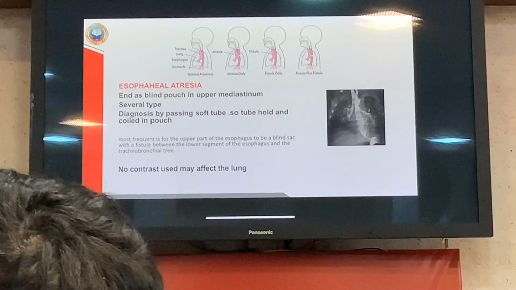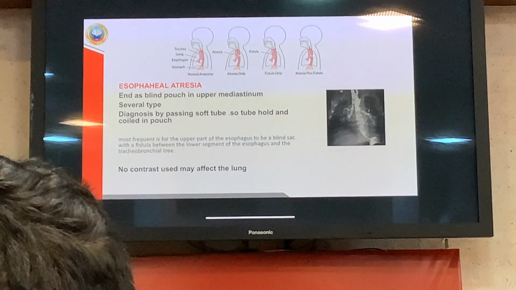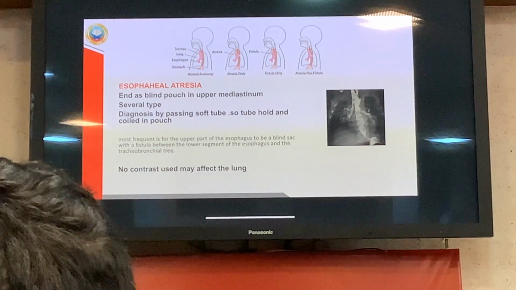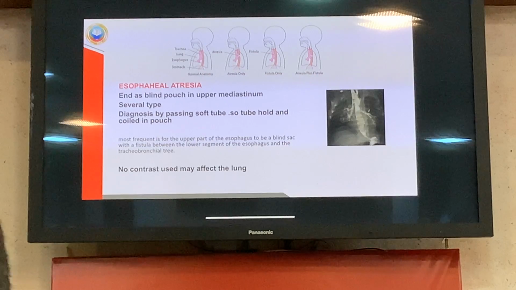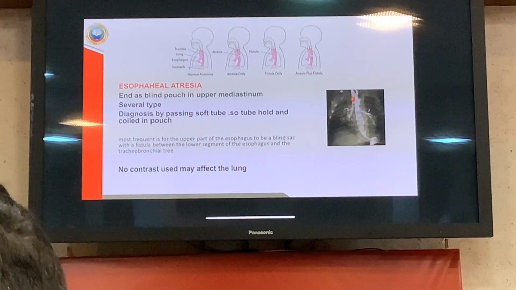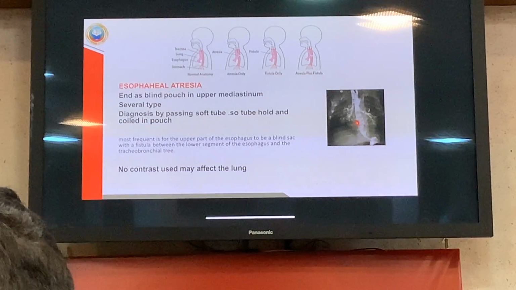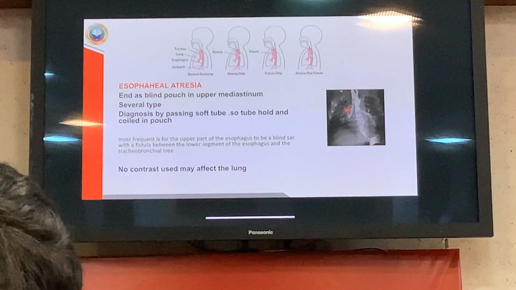Regarding esophageal atresia, it is a congenital anomaly and we have multiple types of the defect. This is beyond you, but just to mention it, this is a picture of a patient with a history of a barium study of the esophagus and trachea.